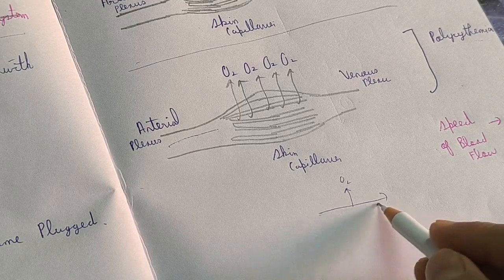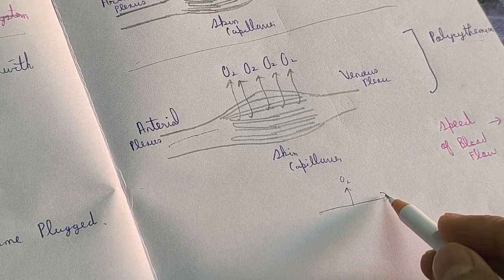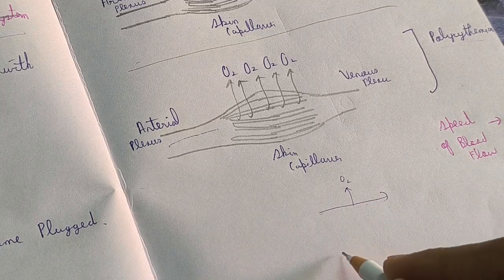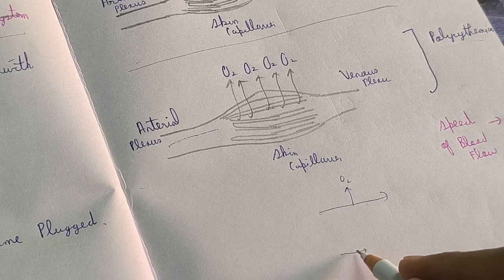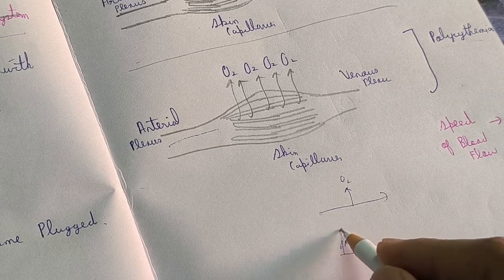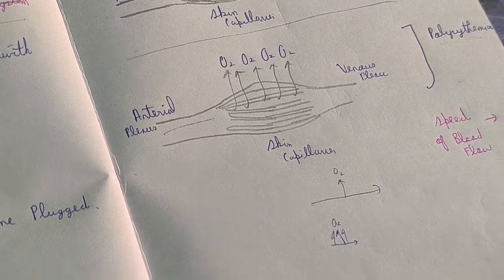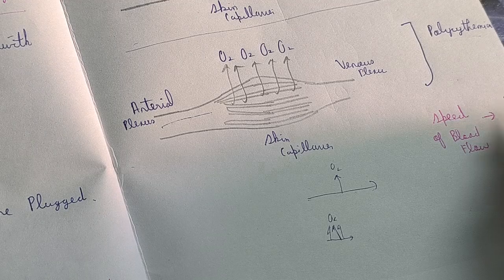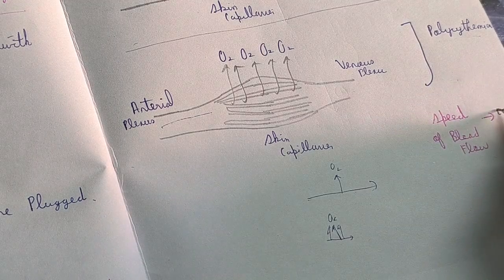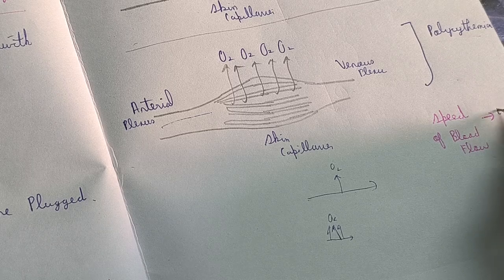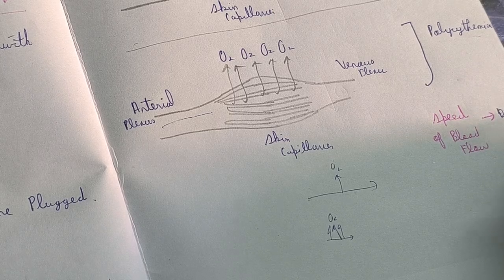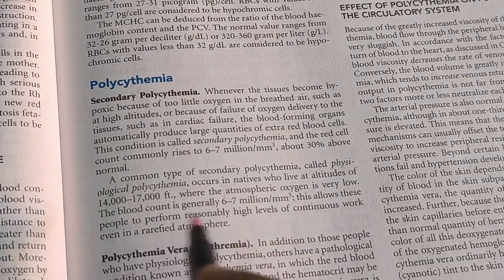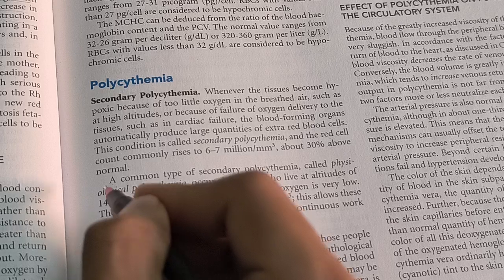If RBCs go through these skin capillaries at a faster rate and stay for less time, the oxygen supply will not be good. But if they go slowly and stay for a longer time, then the oxygen supply will increase. Therefore, in this case the speed of blood flow through skin capillaries decreases.